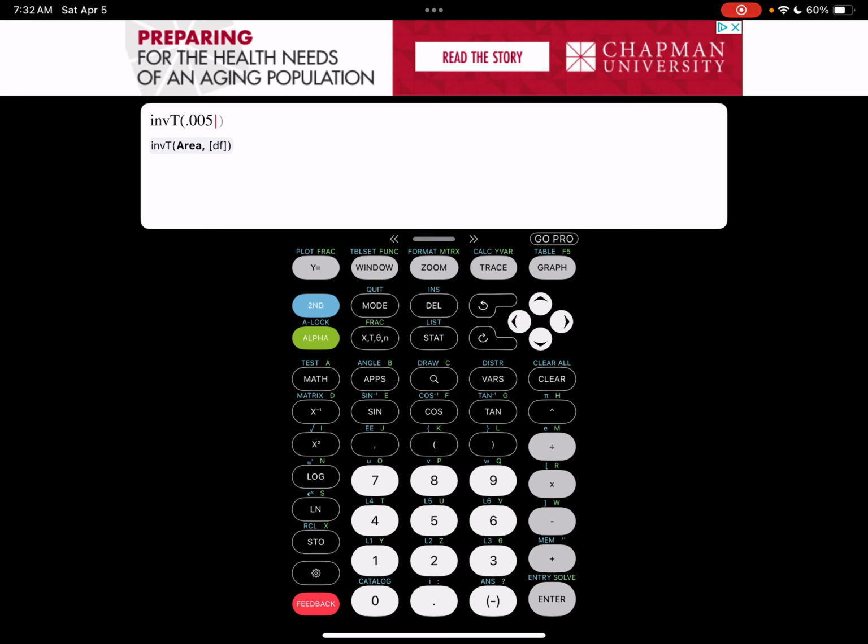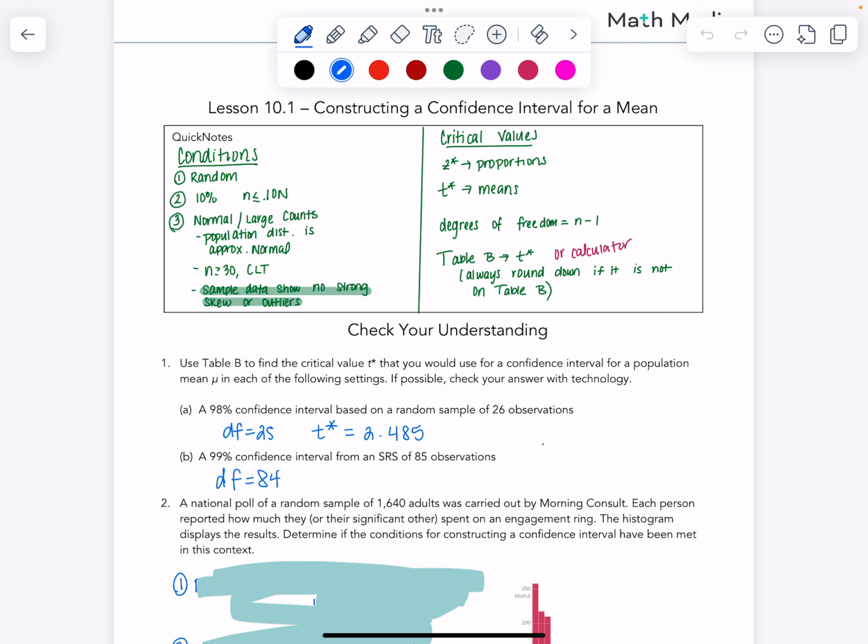And then the degrees of freedom would be 84. Using the calculator, you'd get a critical value of, and you'll write that as a positive, 2.636, let's say. So this is from using the calculator.